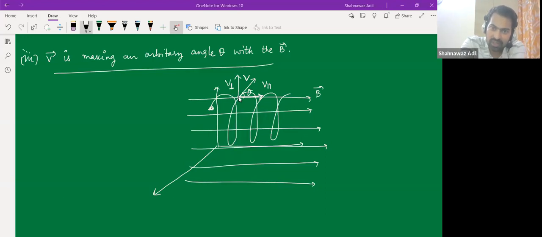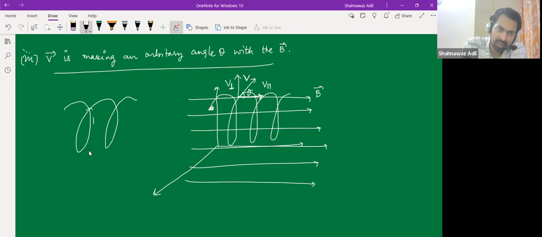But we have this parallel velocity. So what this will do is that it will shift this charge in this direction. So it will move in circular direction, but it will follow a helical structure. So it will move like this. It will complete a circle, but it will shift in this direction due to the V parallel velocity.